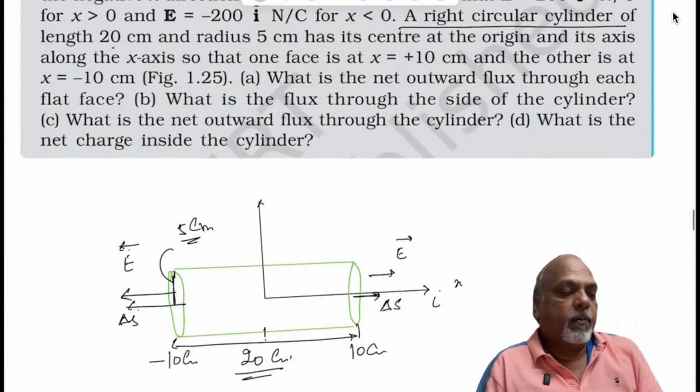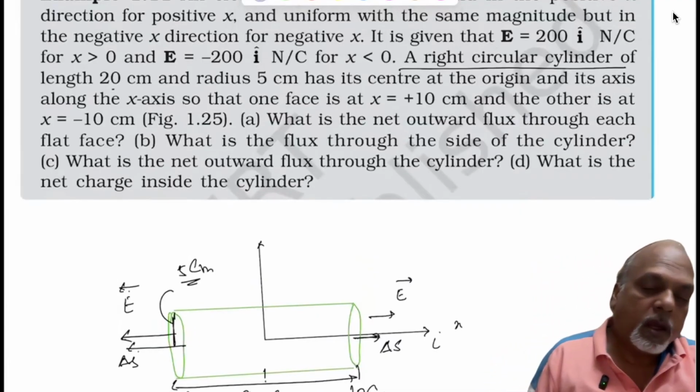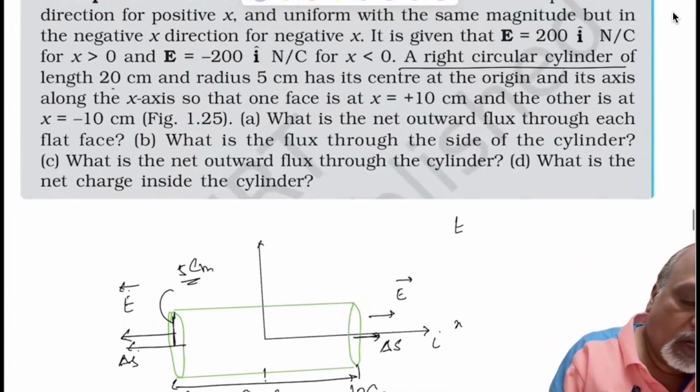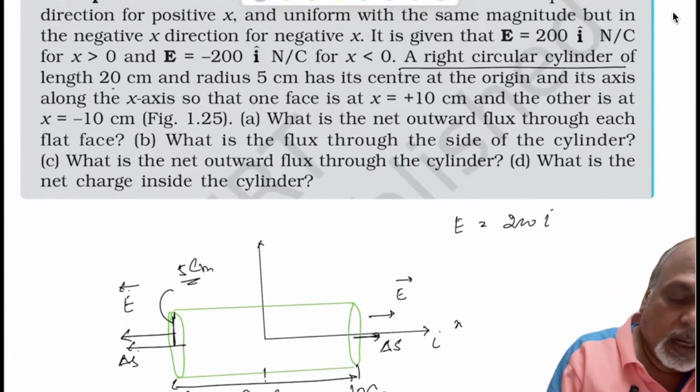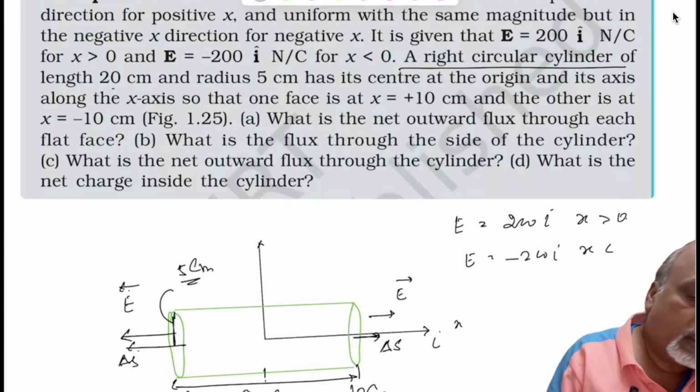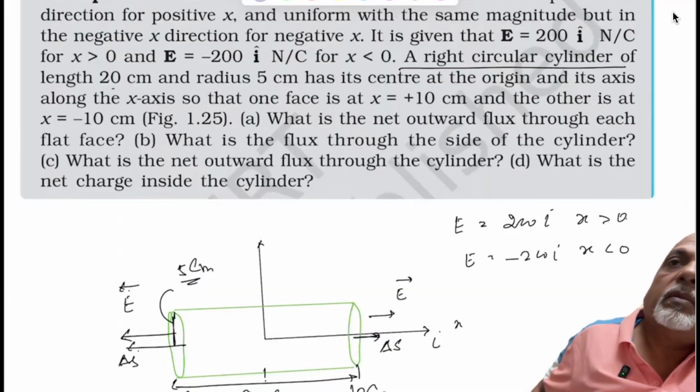So E is basically 200 i when x is greater than 0, and E is minus 200 i when x is less than 0.